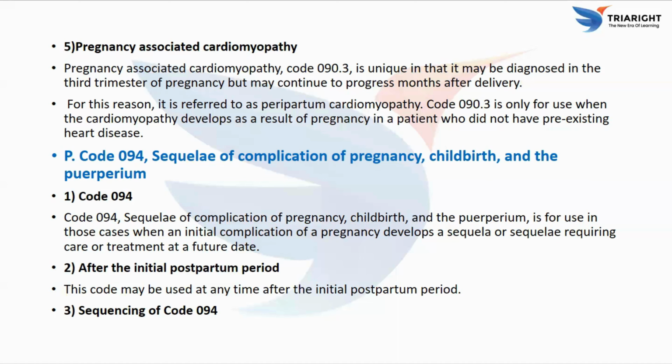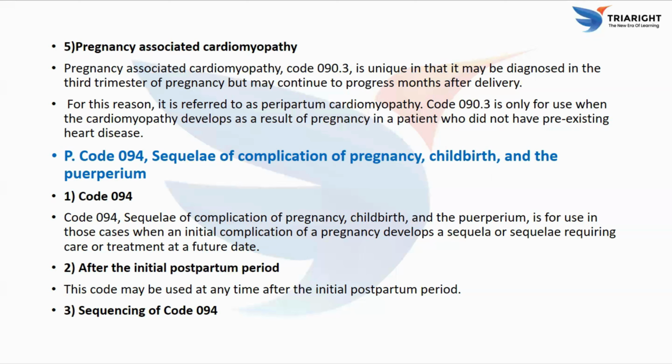So O94 is used when a past pregnancy complication causes a health problem later. Code O94 is assigned when a woman had a pregnancy complication in the past, now has a long-term effect from that complication, and is receiving treatment for this late effect.